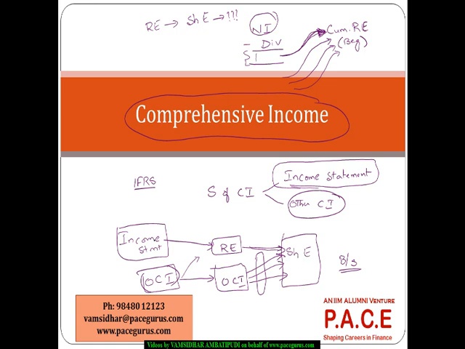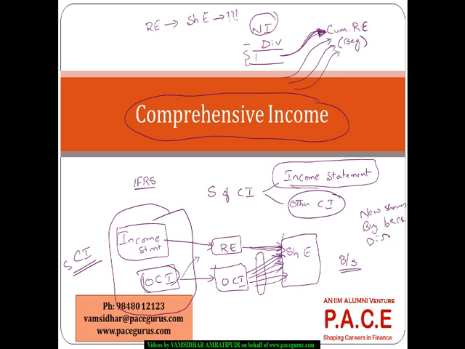So the comprehensive income, the statement of comprehensive income, is a combination of these two. It talks about all changes that are coming into the shareholders equity except the transactions that happen directly with the shareholders, like new shares, buyback of the shares or the dividends.